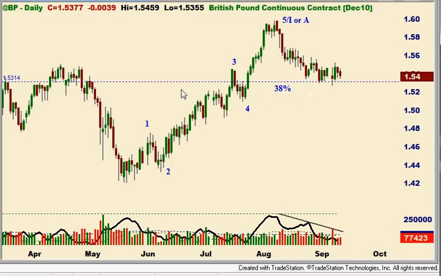And note that around this 153 area, that is a 38% retracement, and that's also the area of the previous fourth wave. So this is an area you might expect support to come into if indeed this decline is corrective.